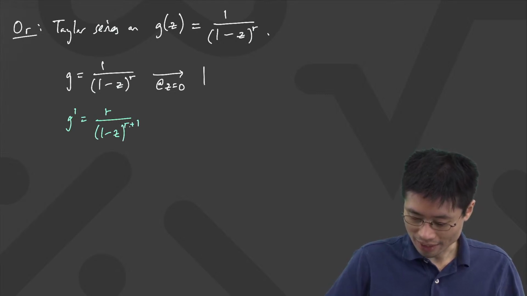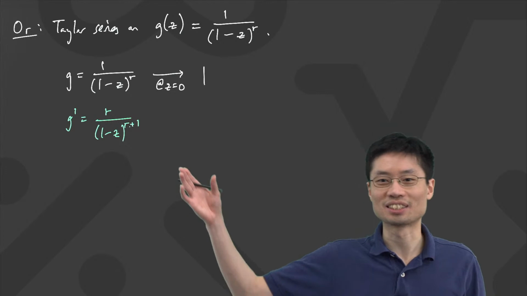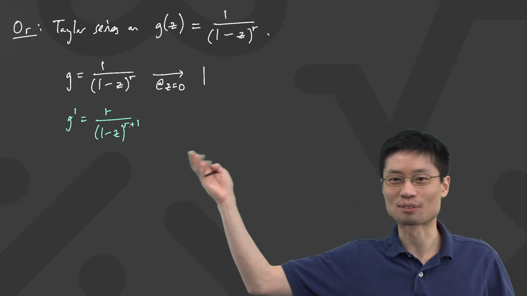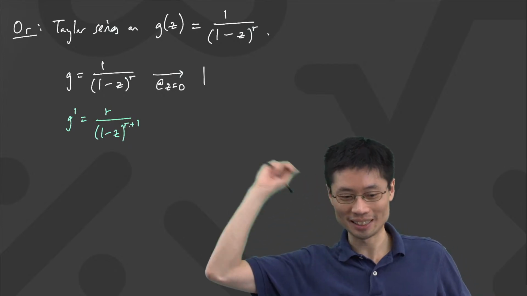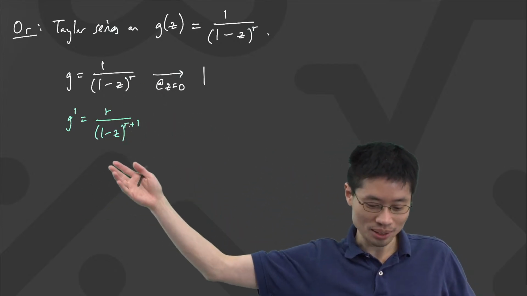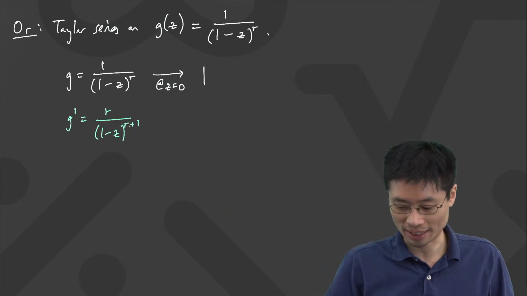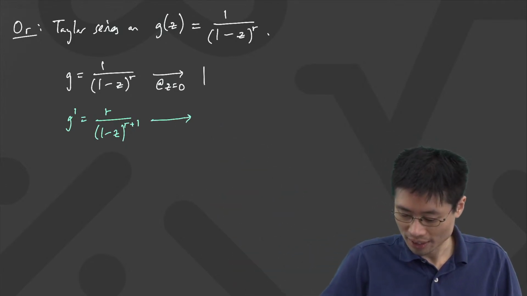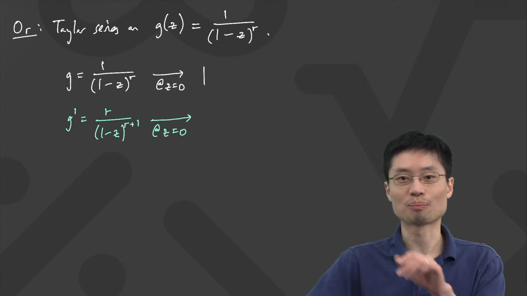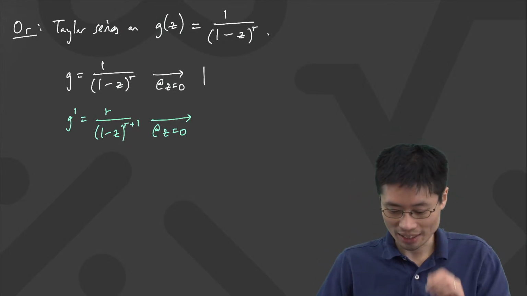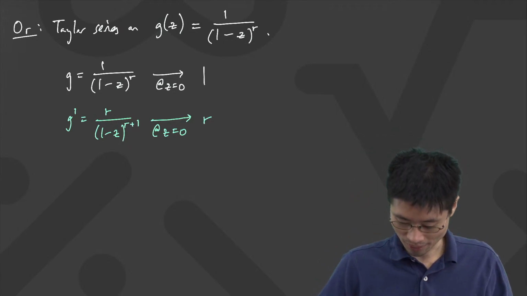So I take it you guys have taken enough calculus classes in your life to not need me to write the minus thing. The minus thing is just for me because I'm slower. But it's basically like minus this thing over the power r plus 1, and then there's also an r that sticks up on top, and you chain rule with a minus sign. But if I go and do this, and at z equals 0, actually that's not that painful, is it? What is this? At z equals 0, I can do that. That's just r.